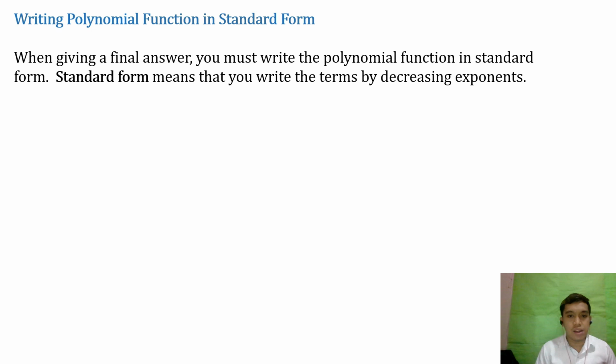So when giving a final answer, you must write the polynomial function in standard form. Standard form means that you write the terms by decreasing exponents. Okay? So mag-uumpisa ka sa term na may pinakamalaki ang exponent hanggang doon sa term na pinakamaliit ang exponent. Then pinakadulo ang ating constant term kung mayroon siyang constant.